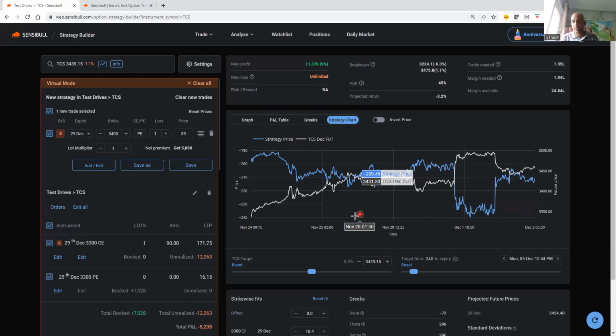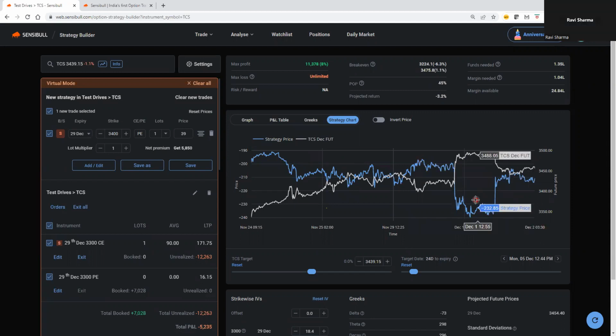It is showing you the future price, and how this strategy price is going. So strategy price is your blue line. Is this strategy price your debit credit total as of now? Yes, overall premiums together. And once we invert, what does that figure say?